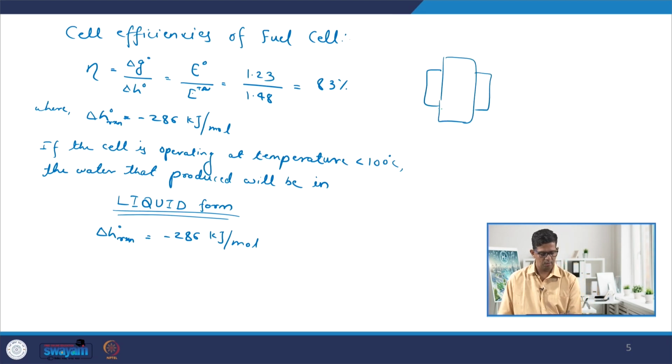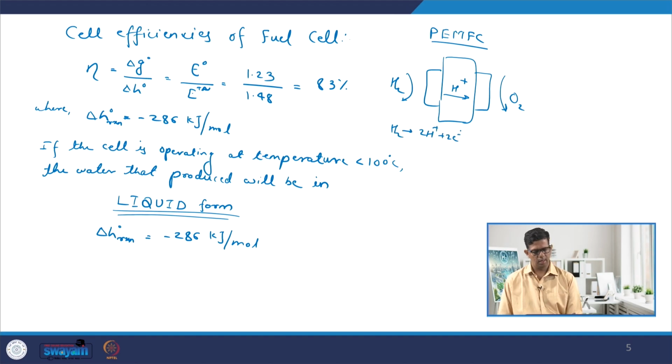Let me quickly draw this figure. I am typically showing a polymer electrolyte membrane based fuel cell, wherein the half cell reactions are H2 giving 2H plus and 2 electrons at the anode, whereas at the cathode we expect half mole of oxygen plus protons plus electrons to give 1 mole of water.